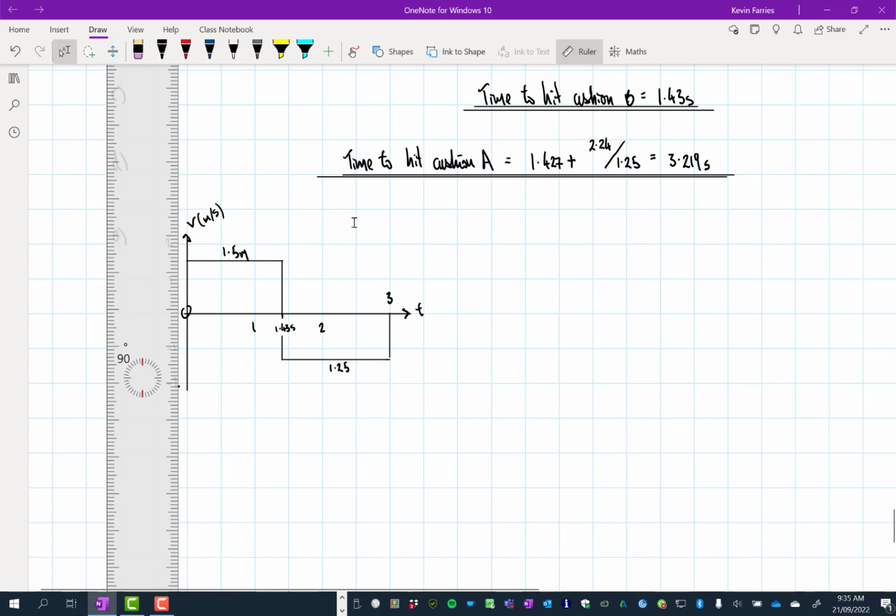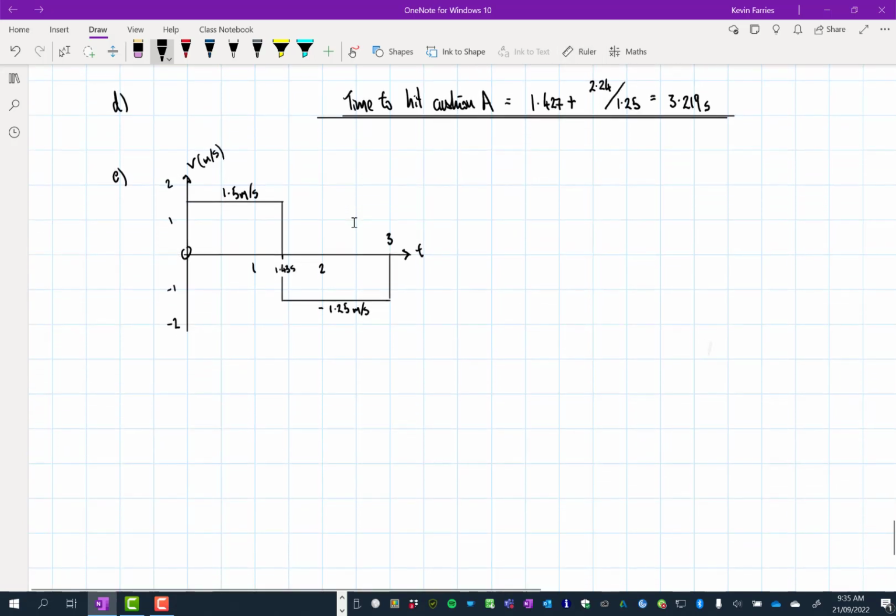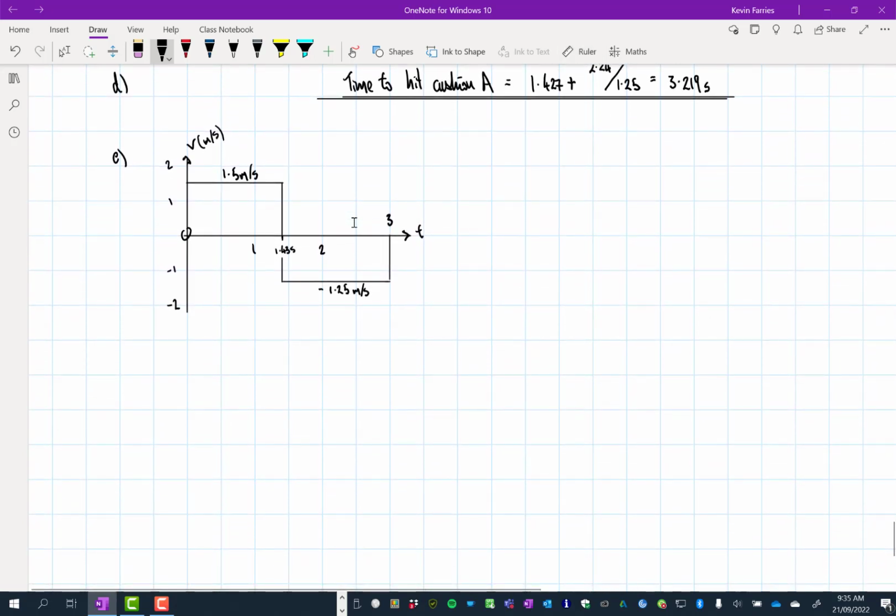So let me just put it on: 1.5 meters per second, and negative 1.25 meters per second, so that's cool. Do I want to shade it? You could. It's less usual to shade these types of diagrams, unlike shear force and bending moment diagrams, so I think we'll just leave it without hatching it.